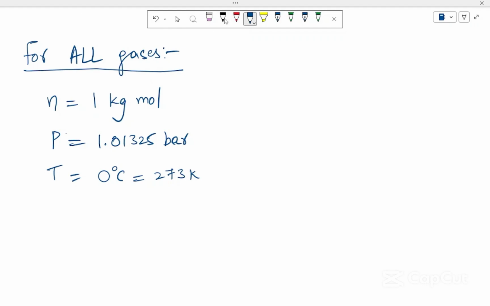So if I take this pressure and temperature, they put together are called normal temperature and pressure. So the atmospheric pressure and 0 degree centigrade are together called normal temperature and pressure, with the regular way of nomenclature. So at the normal temperature and pressure, 1 kg mole of any given gas will occupy a volume of 22.4 meter cube.